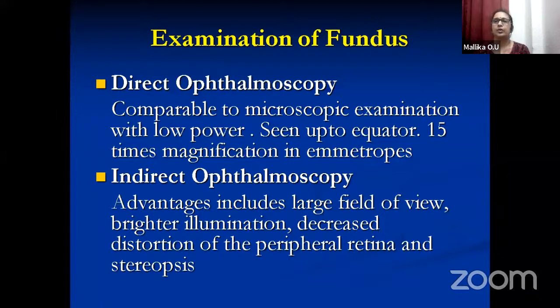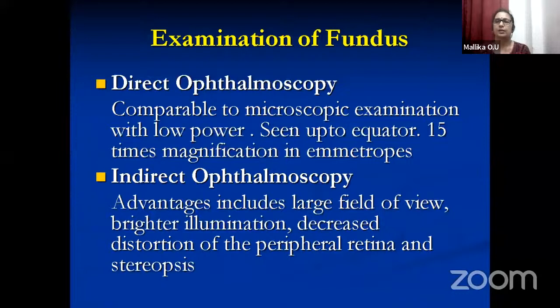It depends on the condensing lens. When we use an indirect ophthalmoscope, we use a headband like this with a condensing lens in our hand. The power of the condensing lens is usually plus 20 diopter or plus 28 diopter, and the magnification depends on the power of the condensing lens.